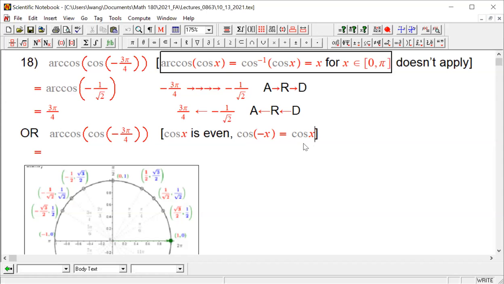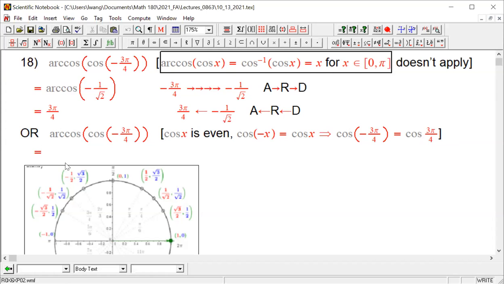So in this case, as a result, cosine of negative 3 pi over 4 would be equal to cosine of 3 pi over 4. Okay?